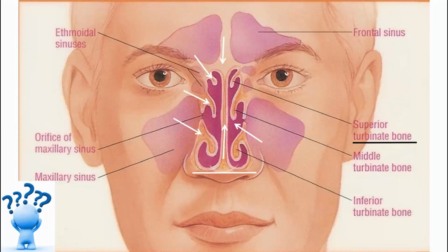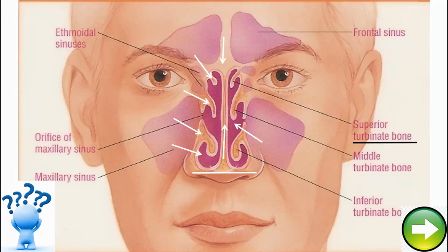Here is a superior projection made by the bones that makes the lateral wall of the nose, and this is the ethmoid bone. And here is a bony projection, and this is called the superior turbinate bone.